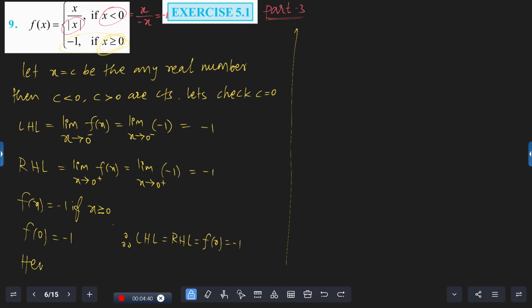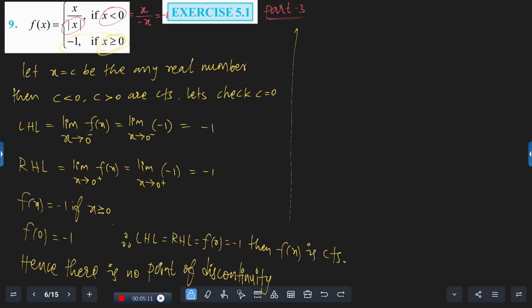Hence, here itself write: f of x is continuous. Hence there is no point of discontinuity.